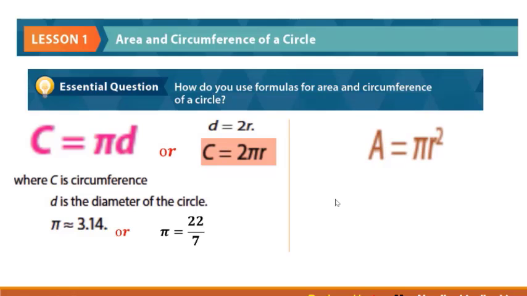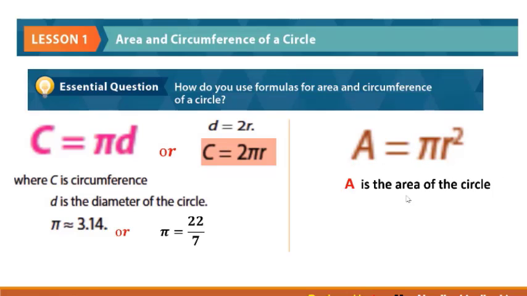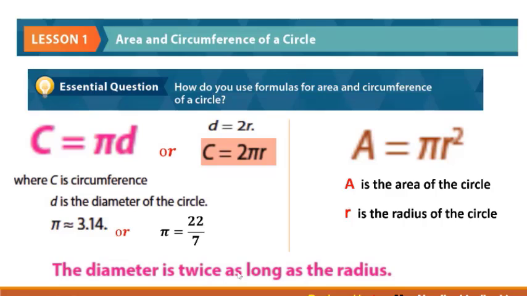Area of a circle is pi R square. R square means R times itself. A is my area. I think all of you know this. And my R here means my radius. And remember, the diameter is twice as long as the radius, meaning D equals 2R, it consists of 2 radii.